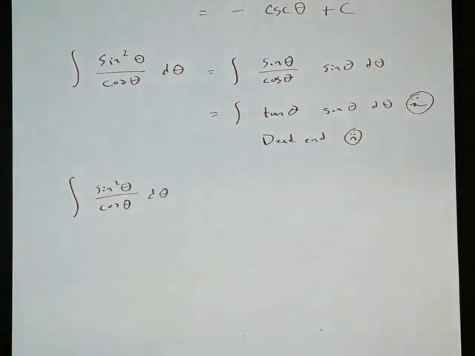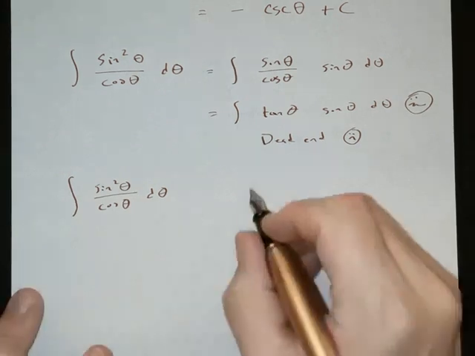I go back to trig, and I say to myself, I have trig identities, don't I? About sine squared. My favorite trig identity in the entire universe comes to mind with sine squared. The 1 minus cosine. Pythagorean theorem, right? Sine squared plus cosine squared is 1.